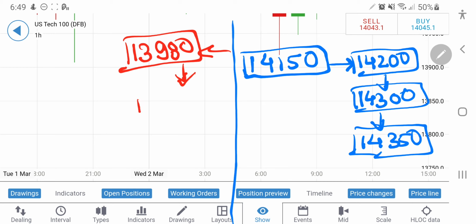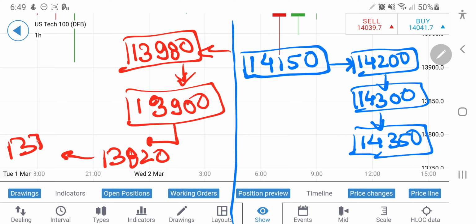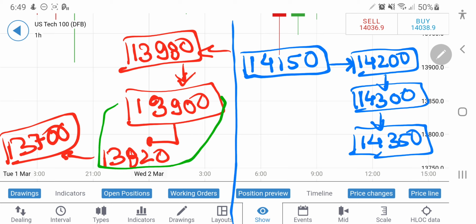Now below 13,980, I will expect it to directly hit 13,900. Now this time this level at 13,900 is important. Below 13,900 directly I will expect it to hit 13,820, and below 13,820, 13,700 is the target. It can drop till here, but this zone at 13,820 and 13,900, these two numbers are very important for me.